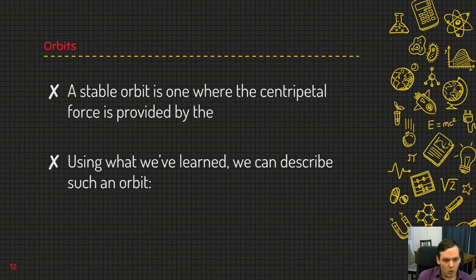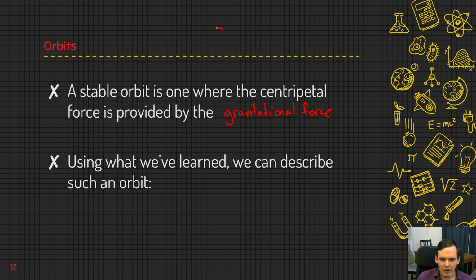Bringing this into orbits, a stable orbit is one where the centripetal force is provided by the gravitational force. We'll do an activity with this in class a bit more where we play around with the idea of an orbit.